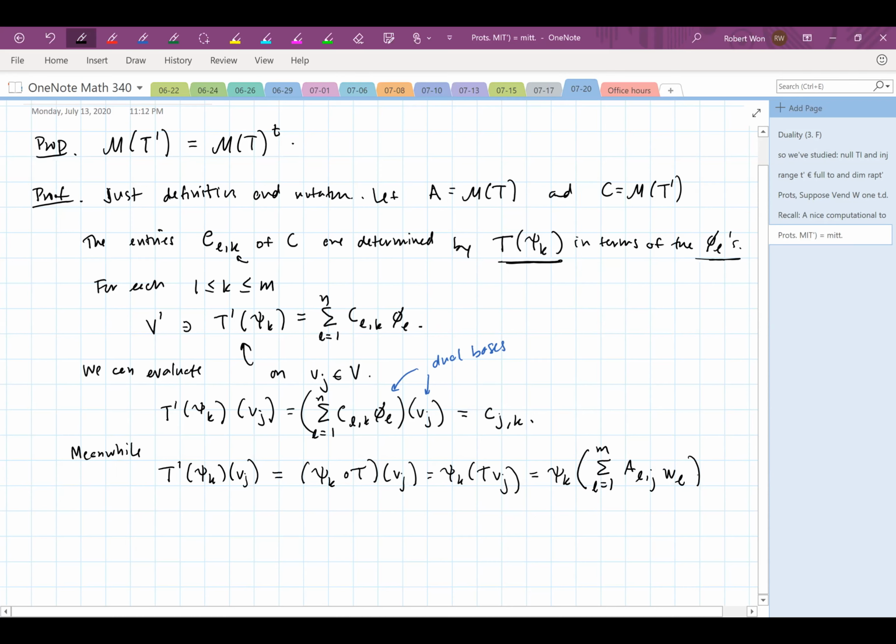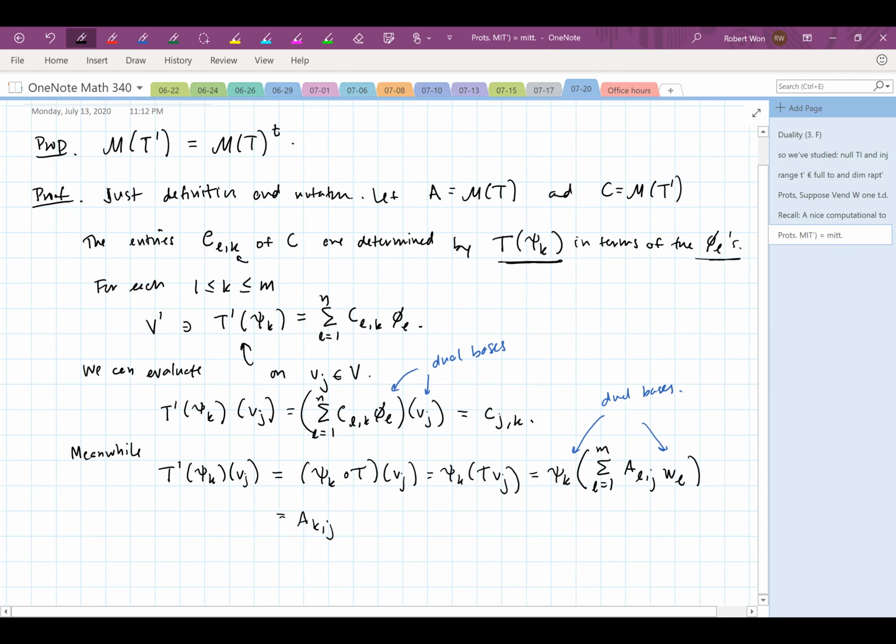Again, all this is saying is that the jth column of the matrix A tells you what T does to Vj. But now again, we use the fact that these are dual bases. That means that only one term survives when you plug it into psi. It's the kth term. So what you get is A_kj.